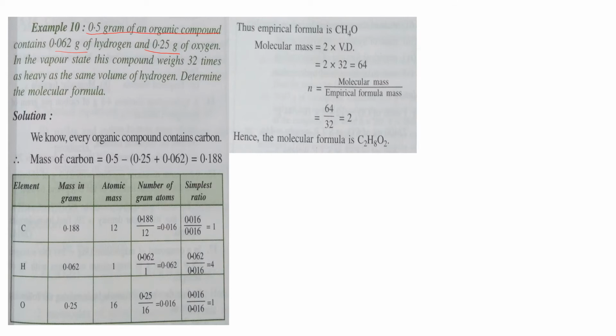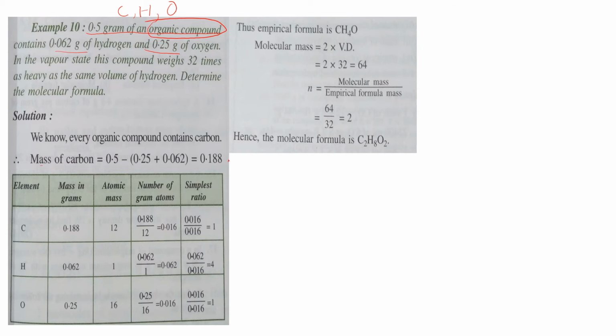Now you know that the organic compound contains carbon, hydrogen and oxygen, and the masses of hydrogen and oxygen are given, but carbon you have to find out. How to find the mass of carbon? That has to be subtracted from 0.5 gram because the total amount of the organic compound is given as 0.5 gram.